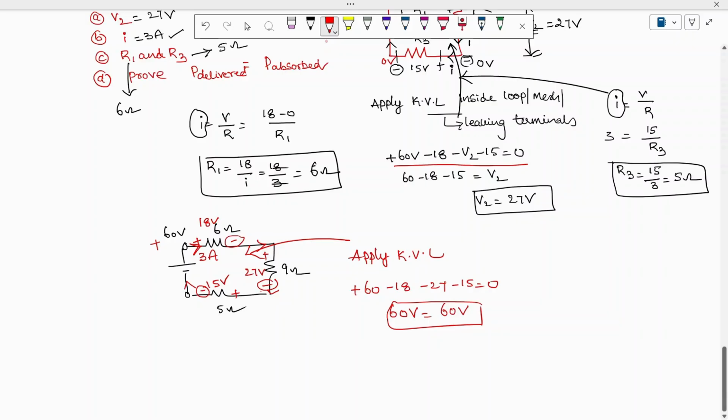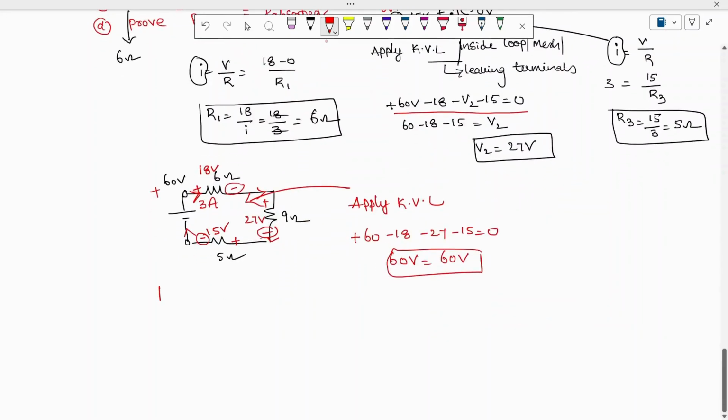And we want to prove that the power delivered is equal to power absorbed. Okay, so we can see here current is same. So now power delivered. Okay, so power from the source, nothing but power from the battery, is equal to power absorbed. So what are the elements absorbing power?